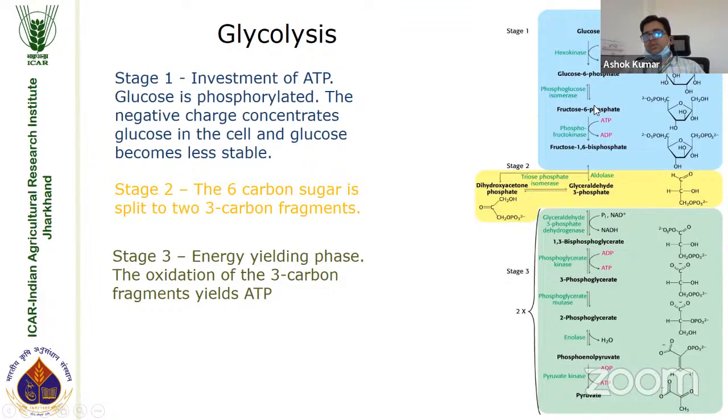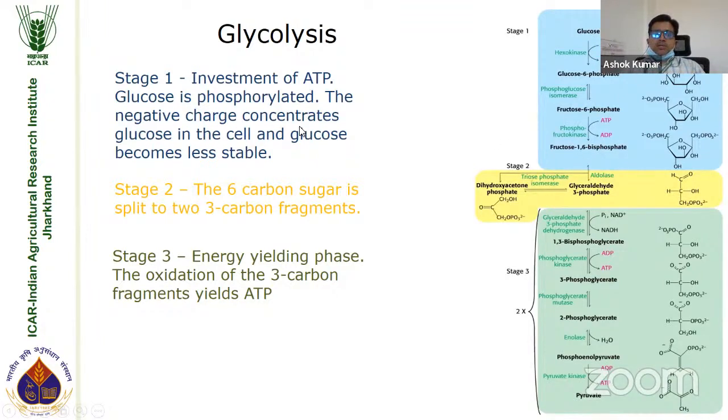For example, there are isomerases which can convert galactose 6 phosphate into fructose 6 phosphate. Such types of enzymes are there in the cellular machinery. So in the initial stage, one glucose molecule gets transformed into fructose 1,6 bisphosphate.